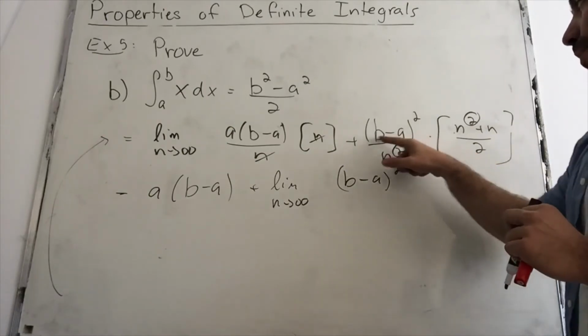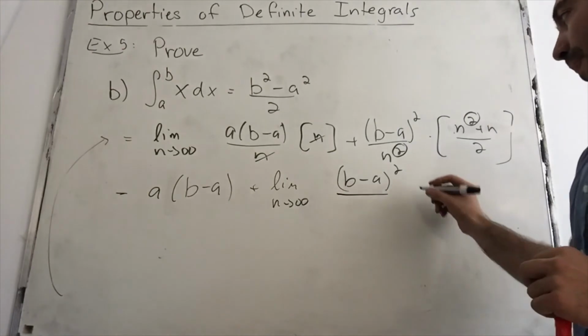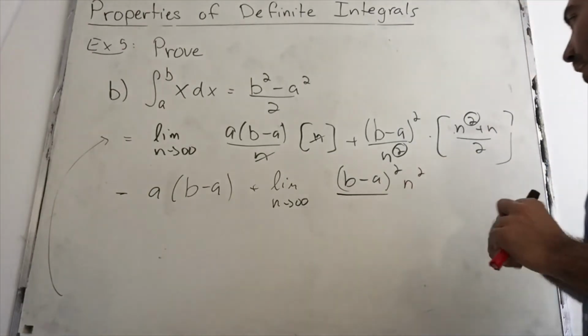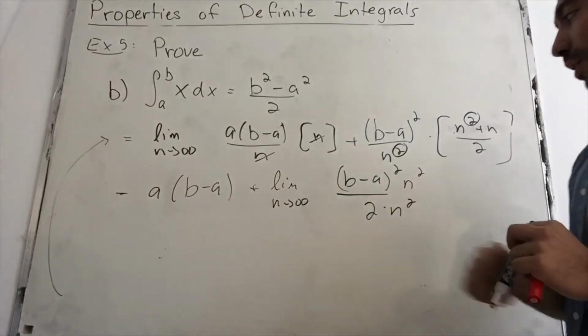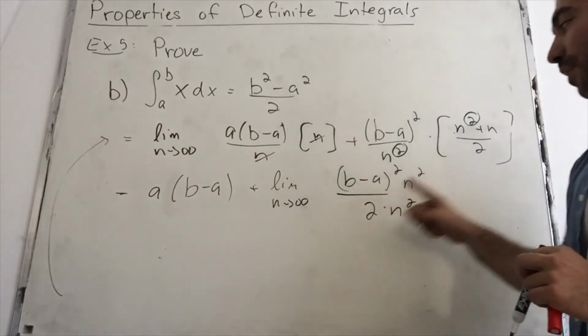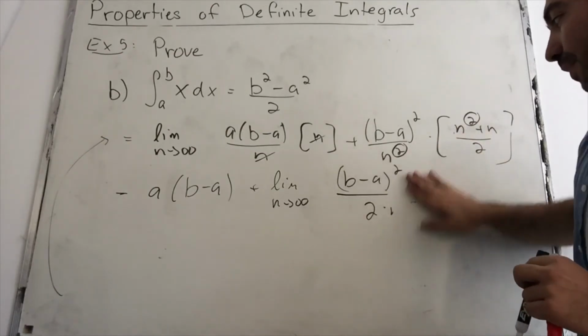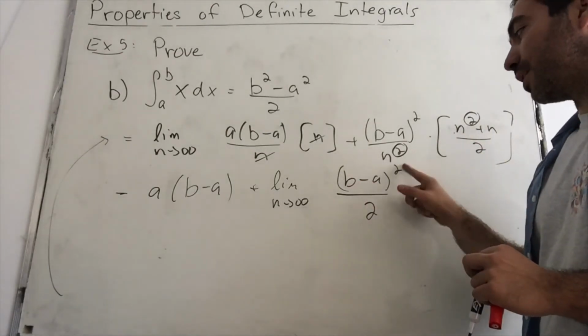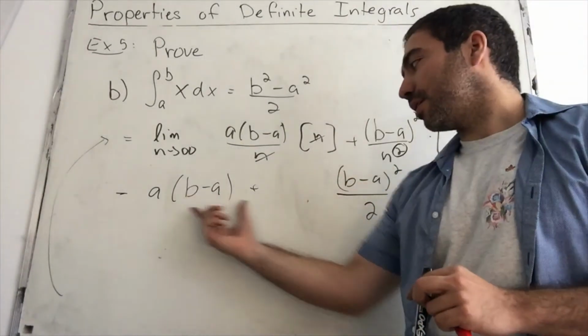When you distribute the (b minus a) squared in, the numerator becomes (b minus a) squared times n squared, and on the denominator we have 2 times n squared. So we just care about the coefficients of the highest exponents, giving us just (b minus a) squared over 2 when we take the limit. So we're left with just this.